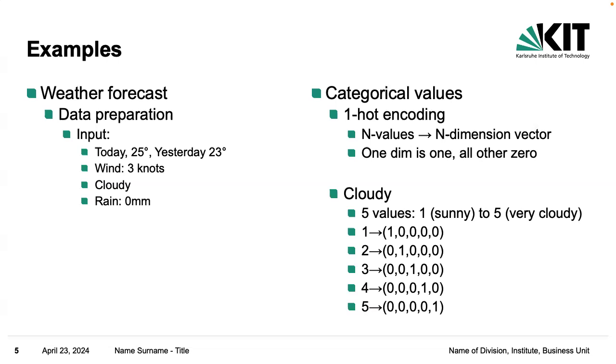You can't deal with this. If your vector is always 5-dimensional, you can't make it 6. So it has to be clear what classes you have. With cloudiness, it might not be that much of a problem, but if you think about objects, you have to predefine the number of objects. You can only input the objects you have and not any type of new objects.